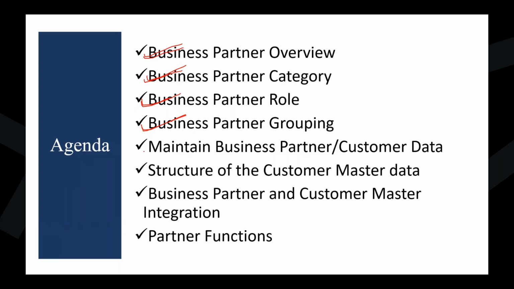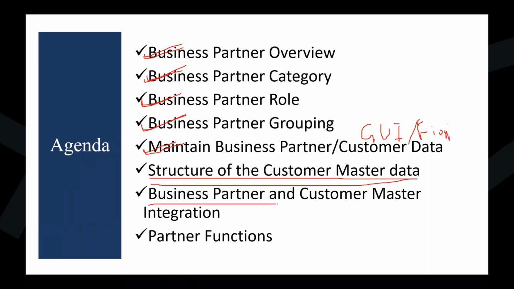Then we will create a business partner and maintain business partner data, both using the GUI and also using Fiori apps. After that, we'll understand the structure of the customer master data.